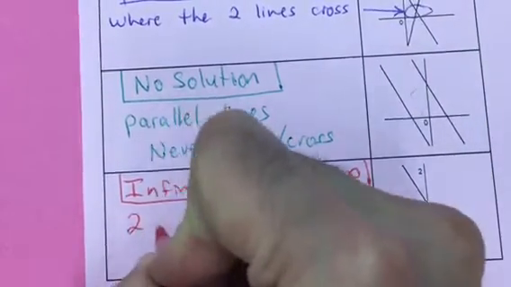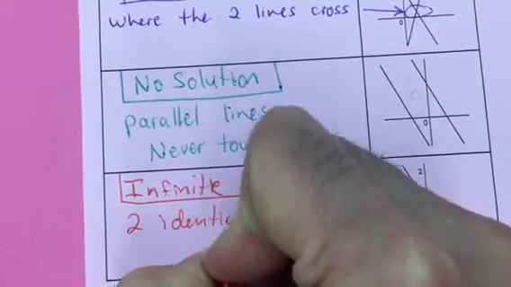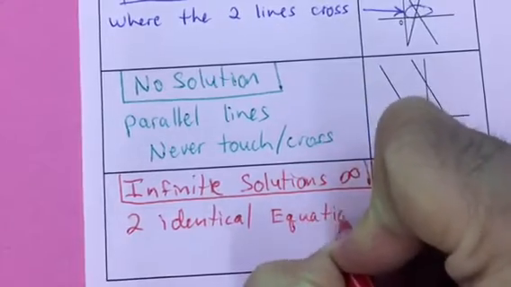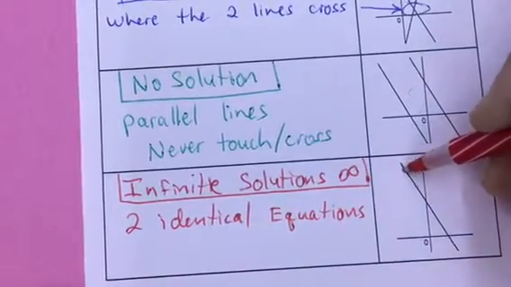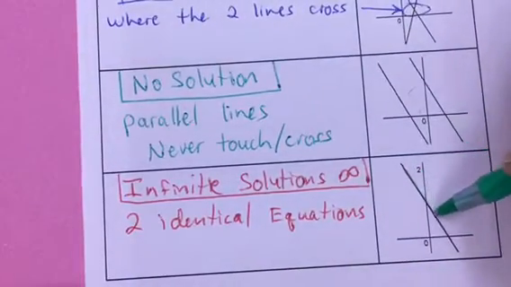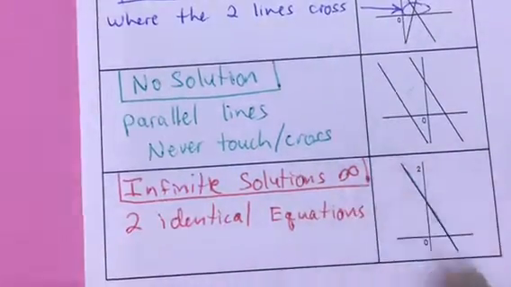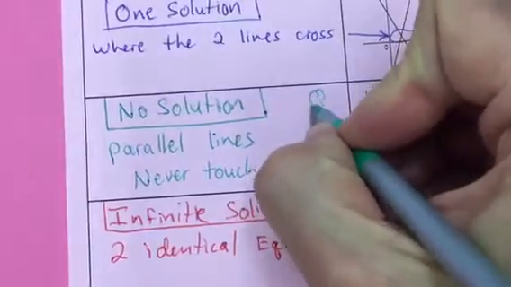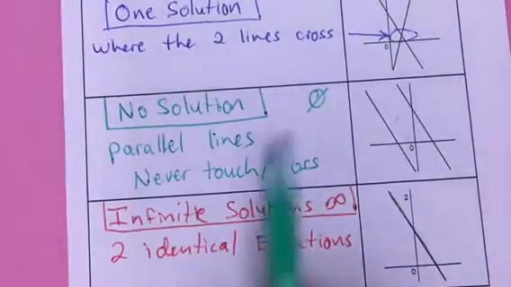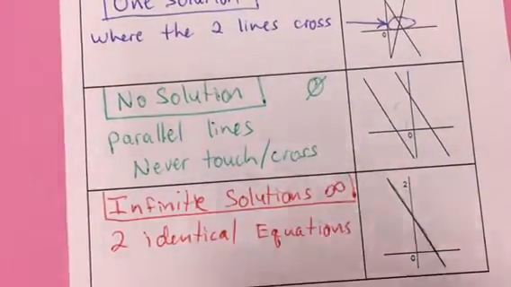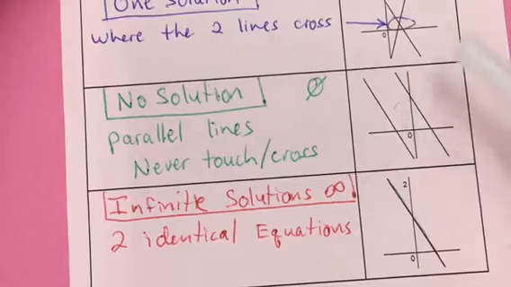What happens here is when you have two identical equations, there's actually two lines here, 1, 2, and they're touching an infinite number of times. Up here, some teachers will write down the empty set. There's no solution. That's a symbol for it. Infinite solutions and no solution. That's your first note. We're going to talk about graphing two lines and finding the solution.